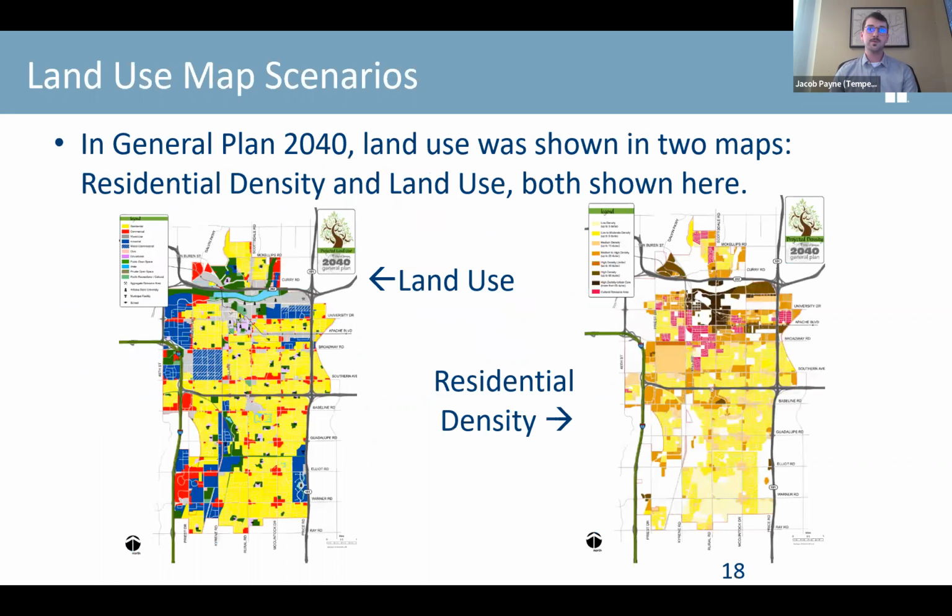In our current General Plan 2040, this was accomplished through two maps. There's a land use map on the left and the residential density map on the right. The map on the left, you can see, is using land use designations: residential, commercial, mixed use, and industrial, which is a land use that is for a combination of residential, commercial, and appropriate light industrial users.